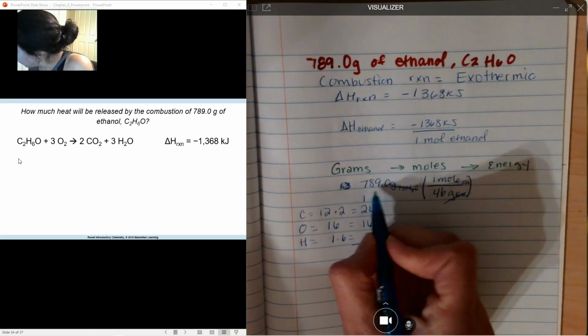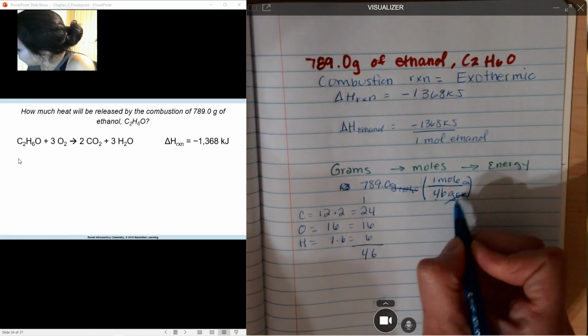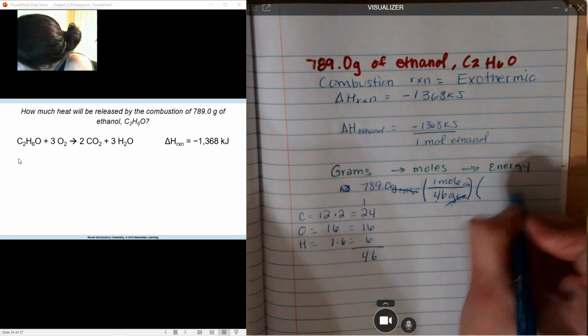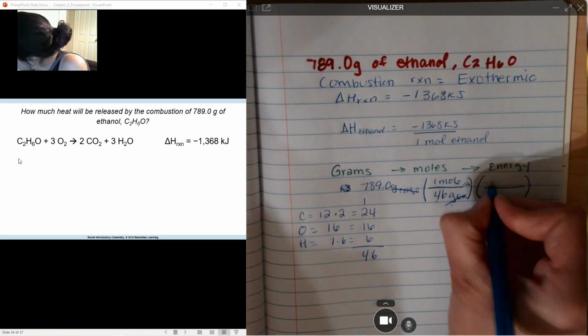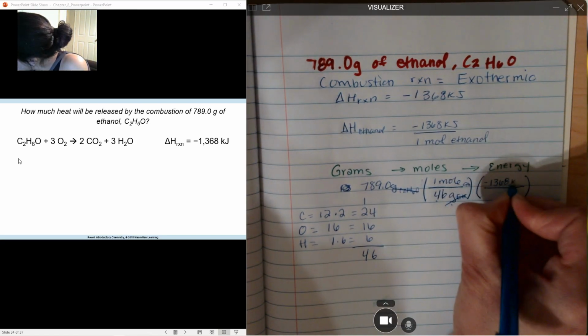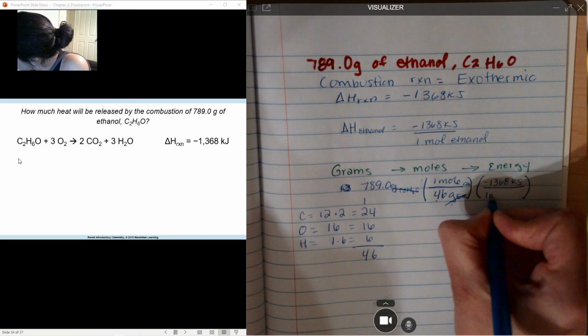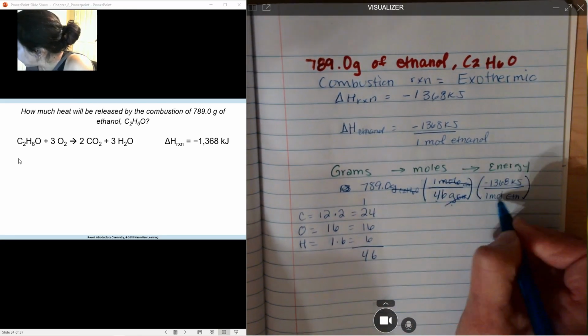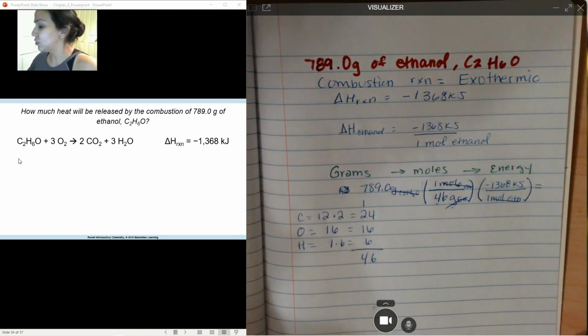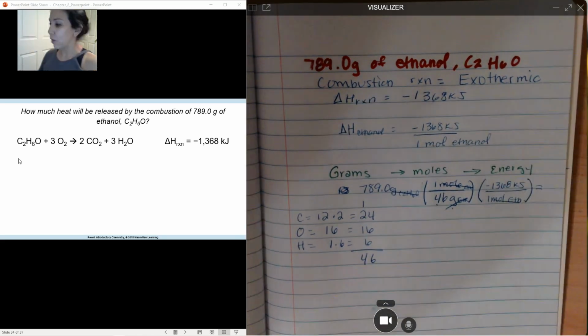So now that we went from grams to moles, we're going to go from moles to energy. At that final step, our energy value is negative 1,368 kilojoules in 1 mole of ethanol. 1 mole of ethanol cancels out. We're left with kilojoules, which is our heat value, and that's what we want.